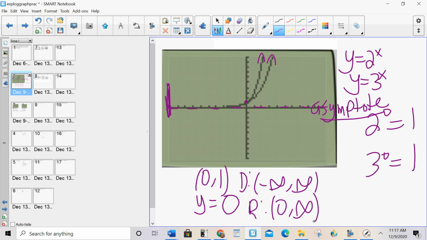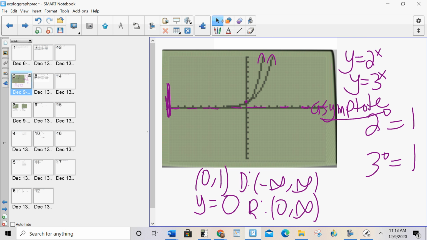And these 4 things will be the case for any non-translated exponential function. It's always going to pass through 0, 1. It's always going to have a horizontal asymptote at y equals 0. The domain is always negative infinity to infinity. The range is always 0 to infinity.